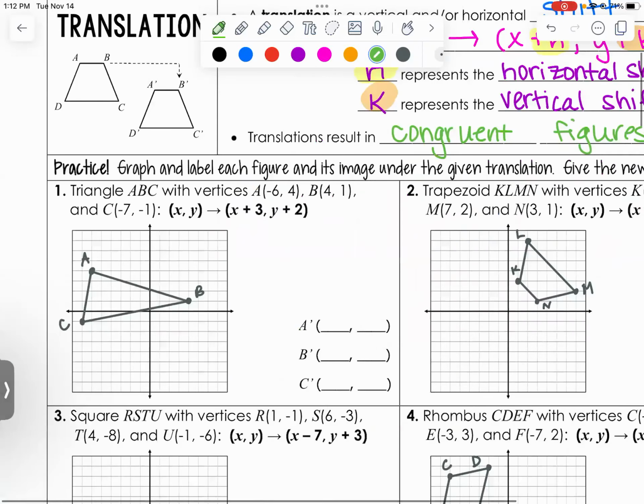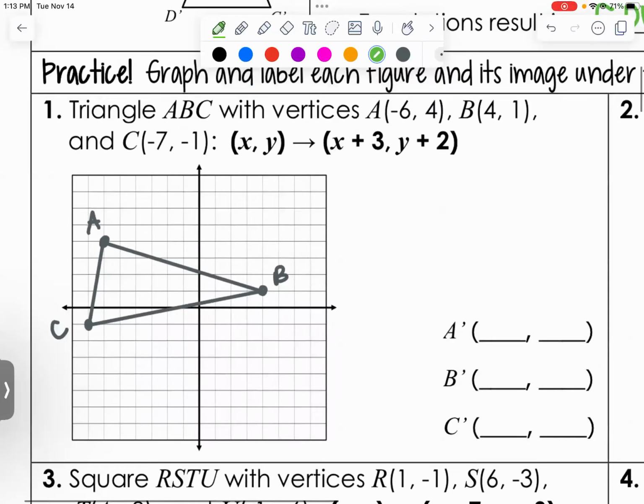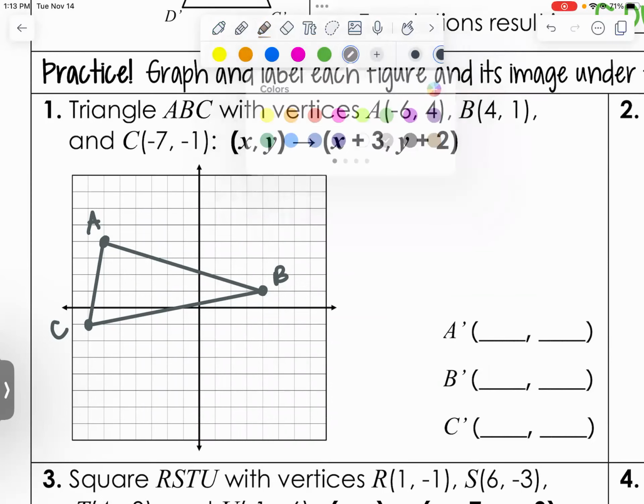We're going to look at number 1. So it's telling us about triangle ABC. And what I've already done for you, I've already plotted triangle ABC on your paper. And it's colored in, right?